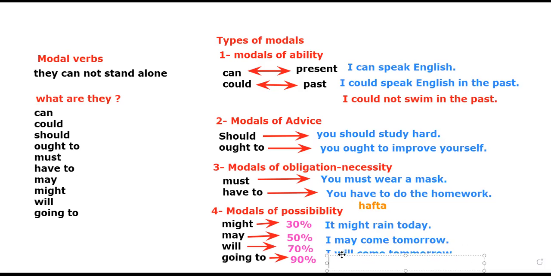طيب going to actually if you have a plan عندك خطة أو when you talk about something that you have an evidence for like عندك إثباتات تستخدم going to عندك مخطط تستخدم going to مثلا I am going to أي فعل تريد I am going to for example travel.